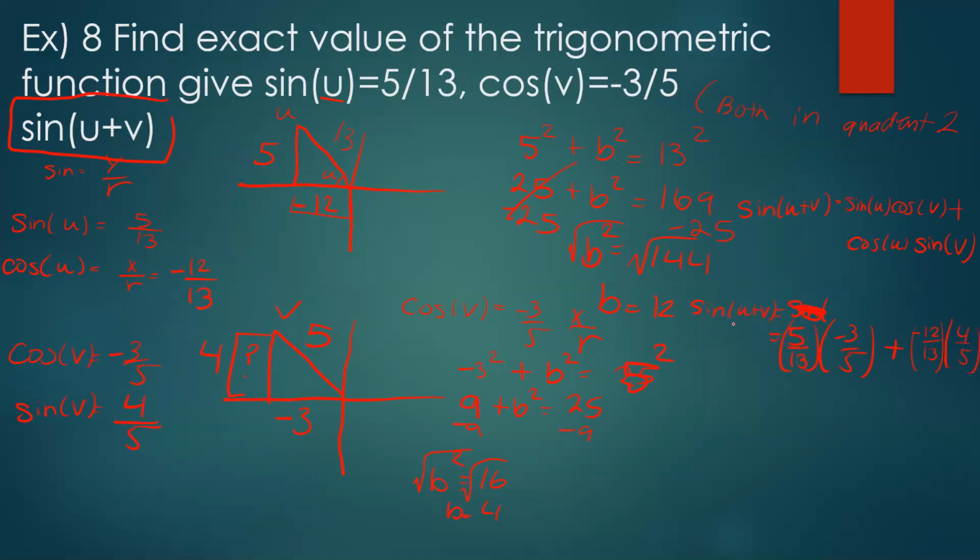Okay, so if you were to clean this up, when you multiply this, 5/13 times -3/5 is -15/65, plus -12 times 4/65, which is -48/65.